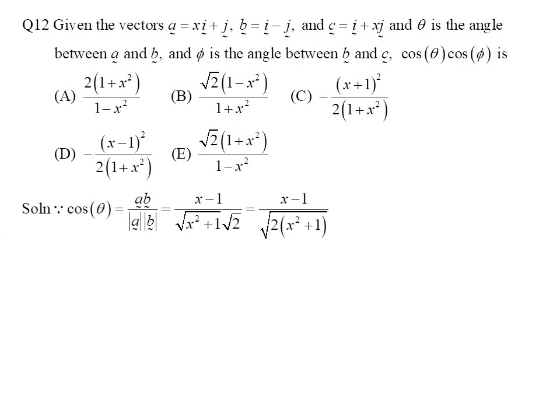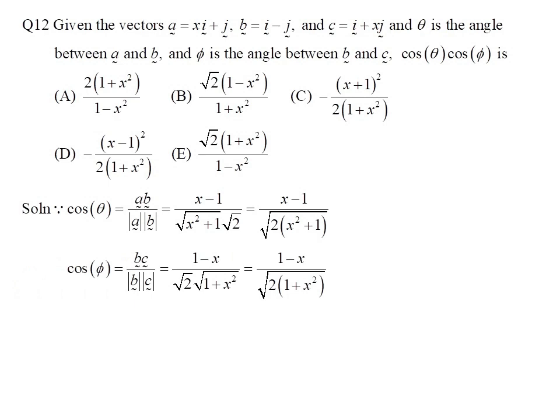Since the angle between two vectors can be found by using the scalar product of two vectors, cosine theta is written as the scalar product of vectors A and B over the product of their moduli, which equals (x minus 1) over the square root of 2 times (x squared plus 1).